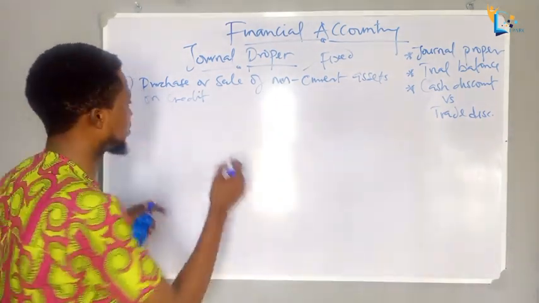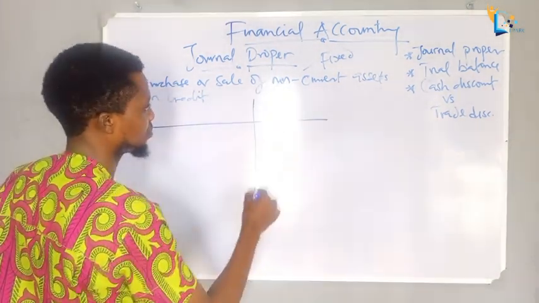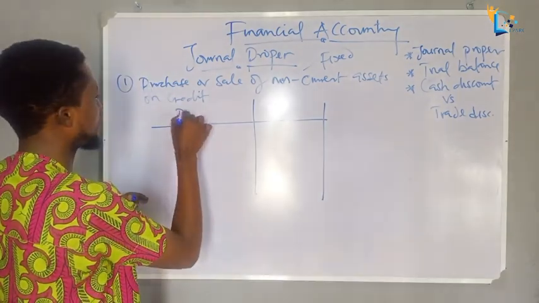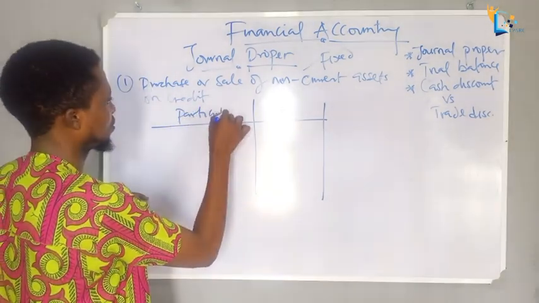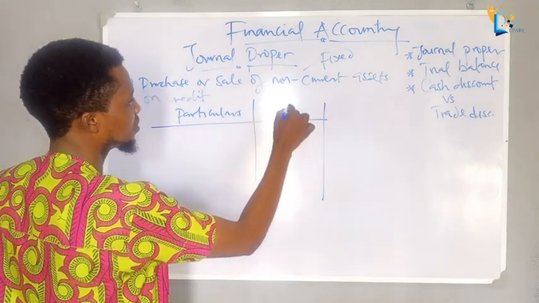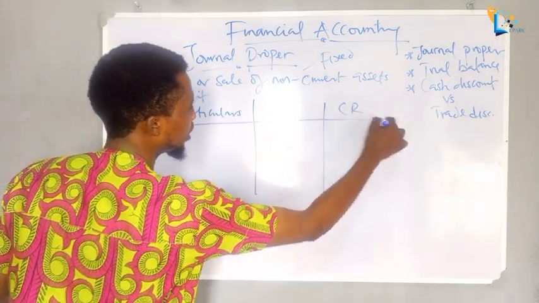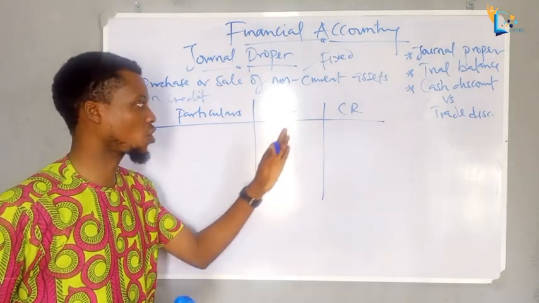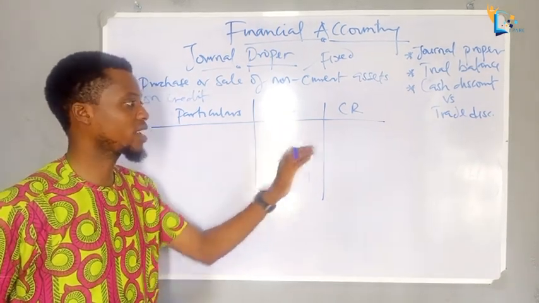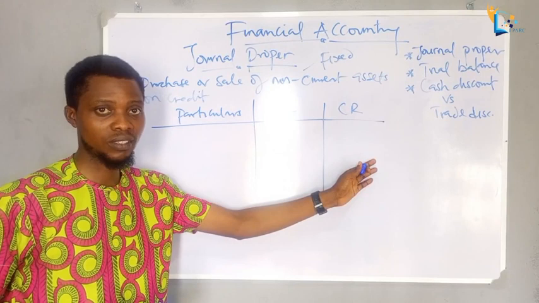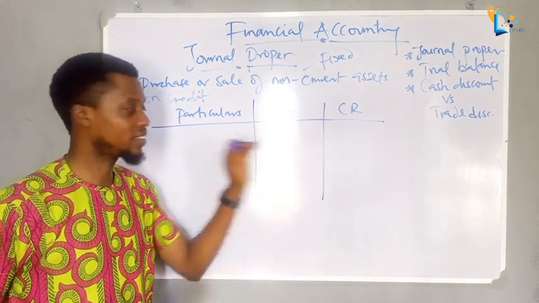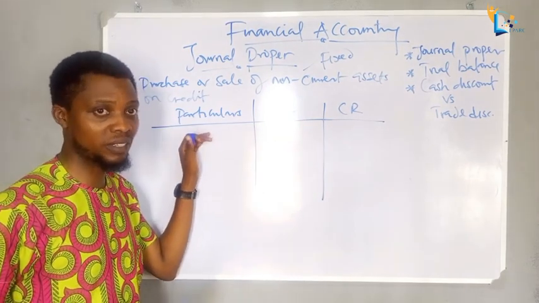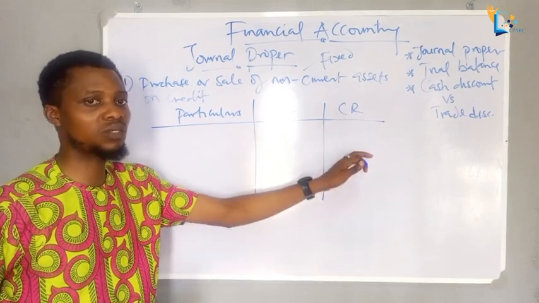The journal proper takes this format. We have the particulars, the debits and the credits. The account that is being debited comes first, while the one that is credited comes second. Do you understand?